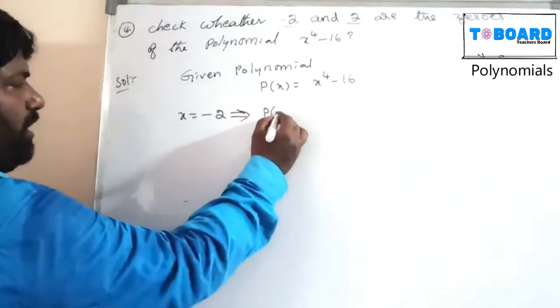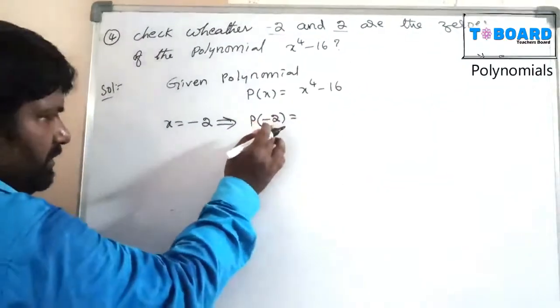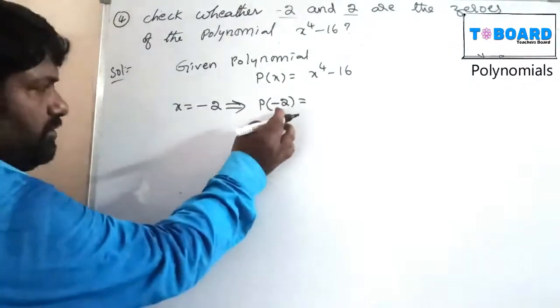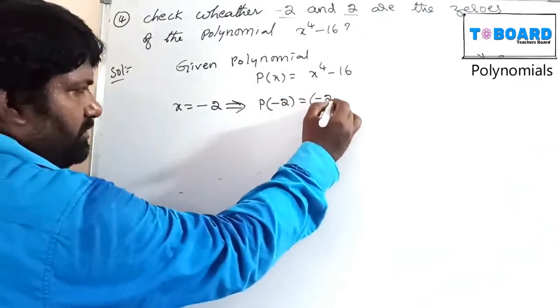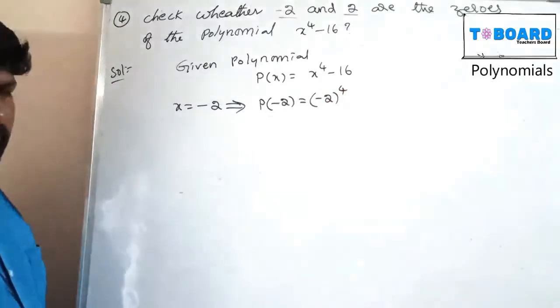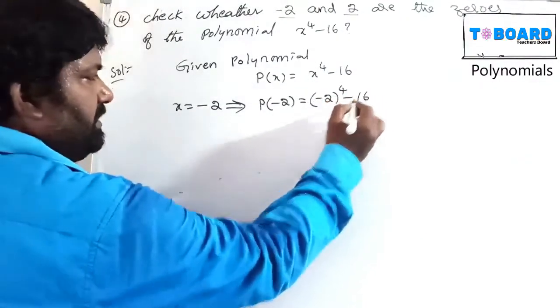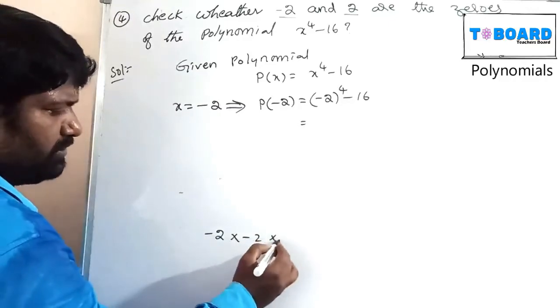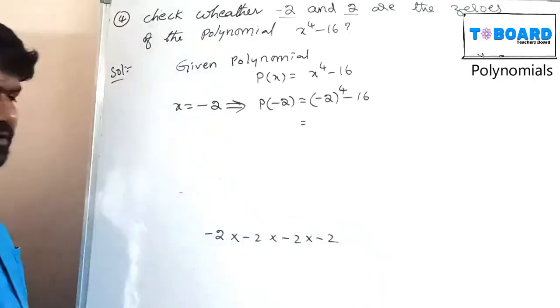P of minus 2, substituting this value in x power 4 minus 16. Substitute with the bracket, minus 2 whole power 4, minus 16. Minus 2 whole power 4 means minus 2 into minus 2 into minus 2 into minus 2.